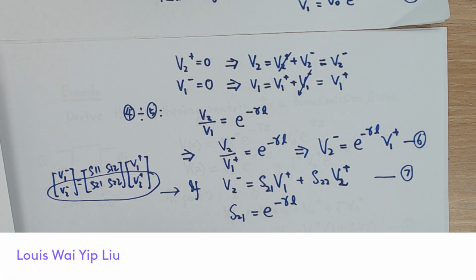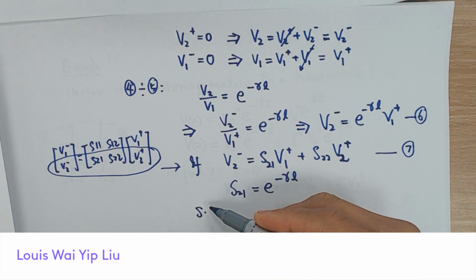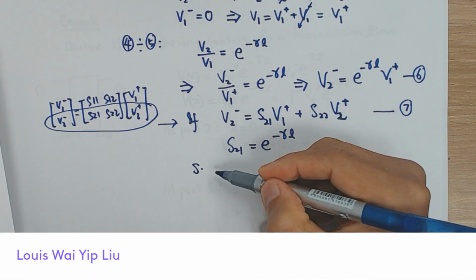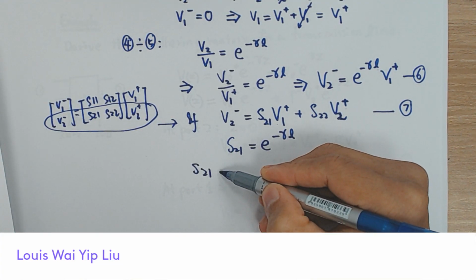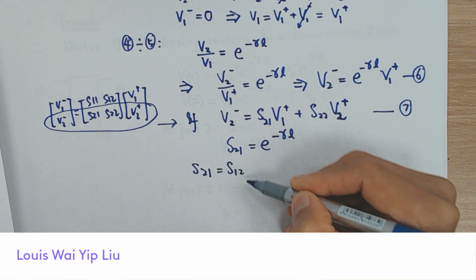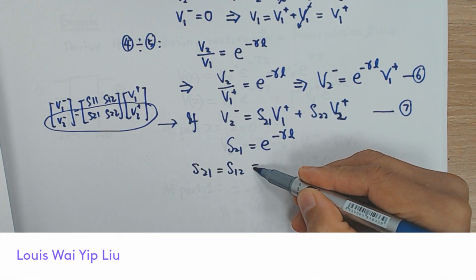And because a transmission line is a passive network, in a passive network S21 is always equal to S12.